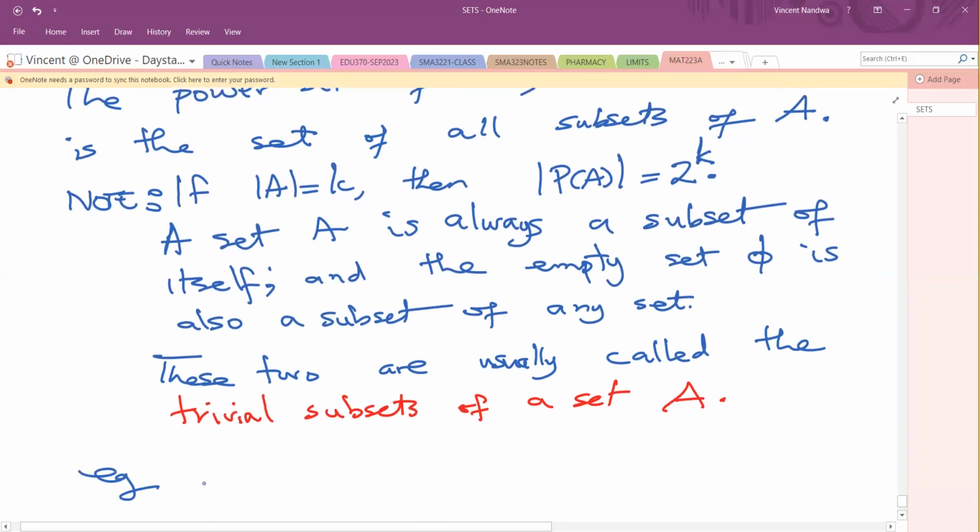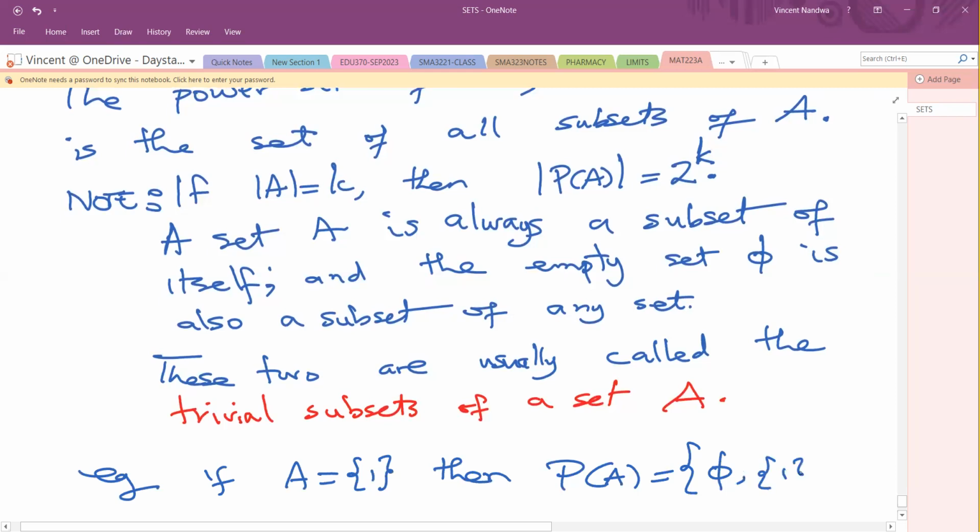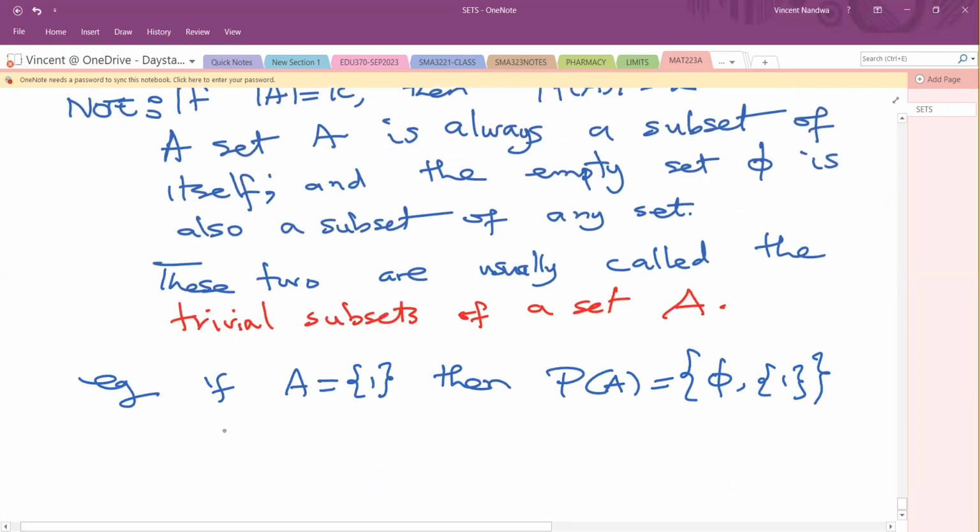So for example, if A is a set with one element, 1, then the power set of A will be a set having the empty set and another set with the element 1. If A is the empty set, then the power set of A will just be the set containing the empty set.